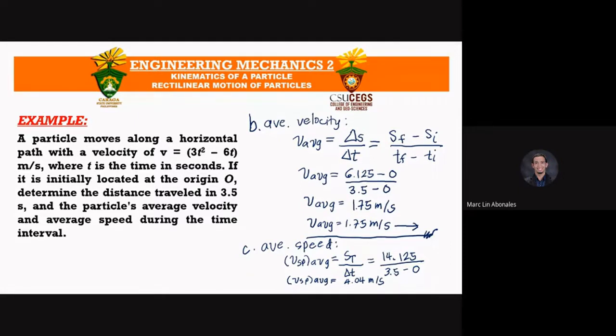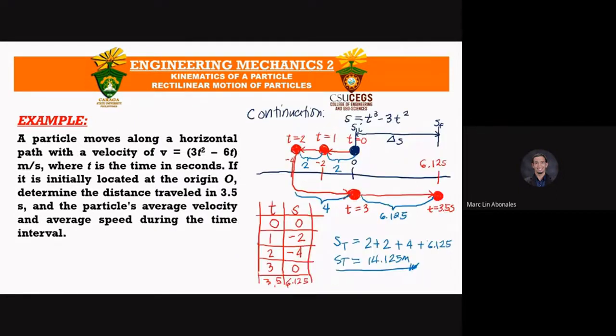So kanina problem, like what I've said, it's very important that you draw the motion of the particle using the given functions here sa atong problem. And you notice here that it starts from the origin and it moves to the left first, then it goes to the right na pod.